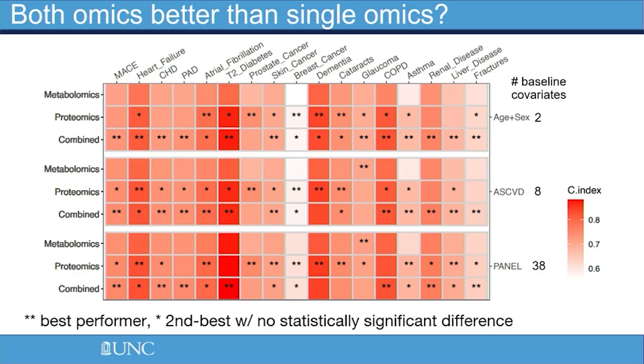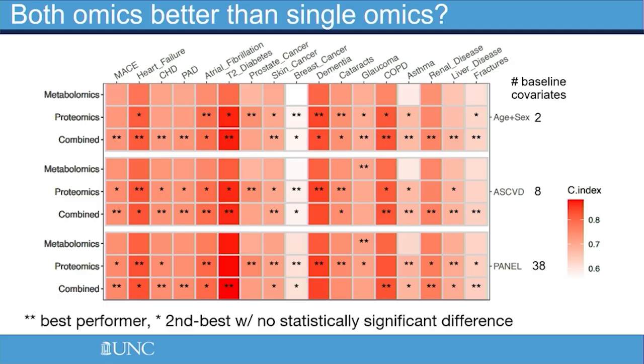And we have 3 blocks, and the 3 blocks differ in the types of baseline covariates adjusted for. So the very top block only adjusted for age and sex, those 2 covariates, and the middle panel adjusted for a more comprehensive panel of 8 risk factors for cardiovascular diseases, and the bottom panel adjusted for a very comprehensive panel of 38 risk factors.